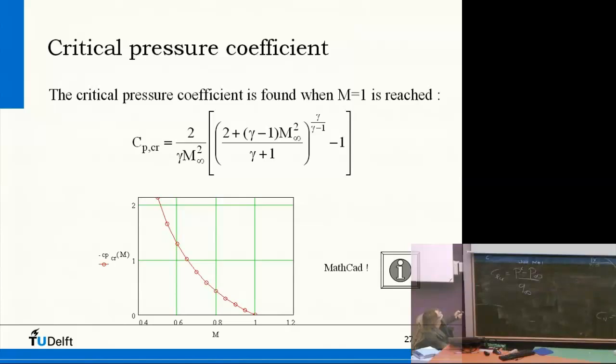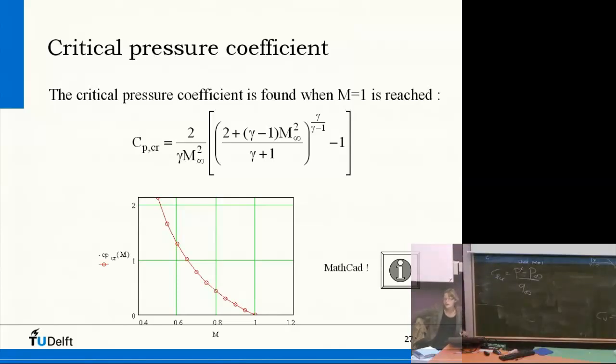And then, very nice, you see that the critical pressure coefficient, the minimum of what occurs, is a function of the Mach number only, the free stream Mach number. And if you plot it, it's sort of a parabola like this. So if you fly fast, it's not so surprising, right?